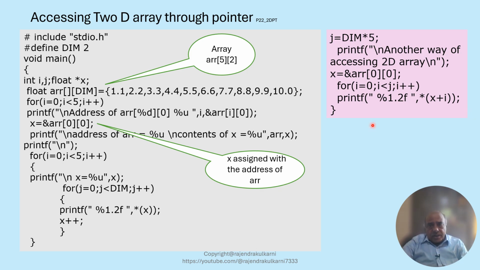As the value of i increments, the indirection operator will give us the values stored in the consecutive addresses which are being used in this for loop by the expression x plus i.